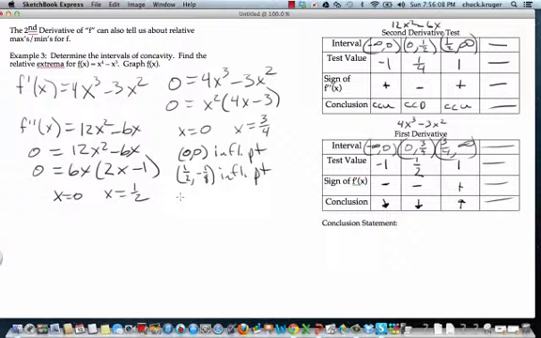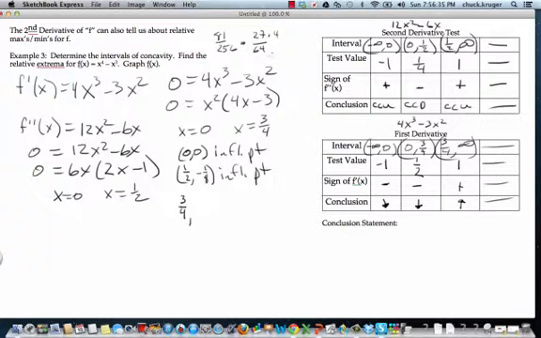So that means at 3/4, comma, if I plug 3/4 into the function, I get 81 over 256 minus 27 over 64.